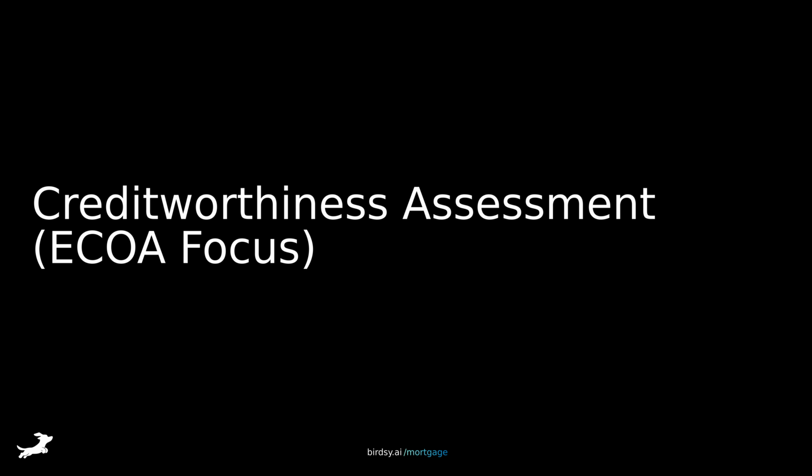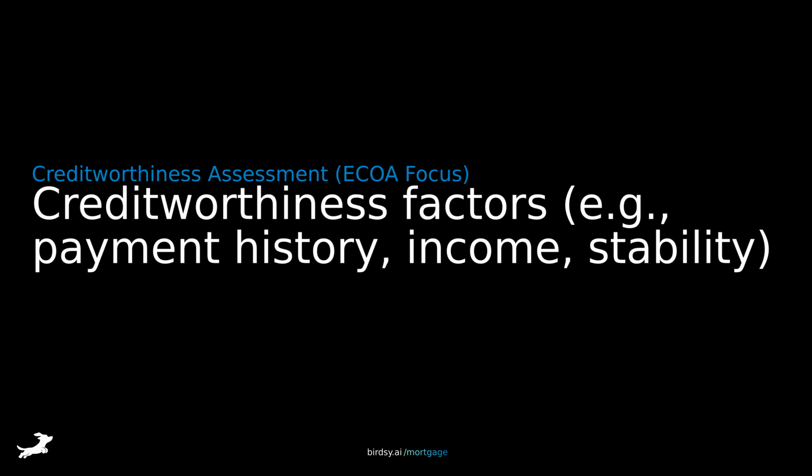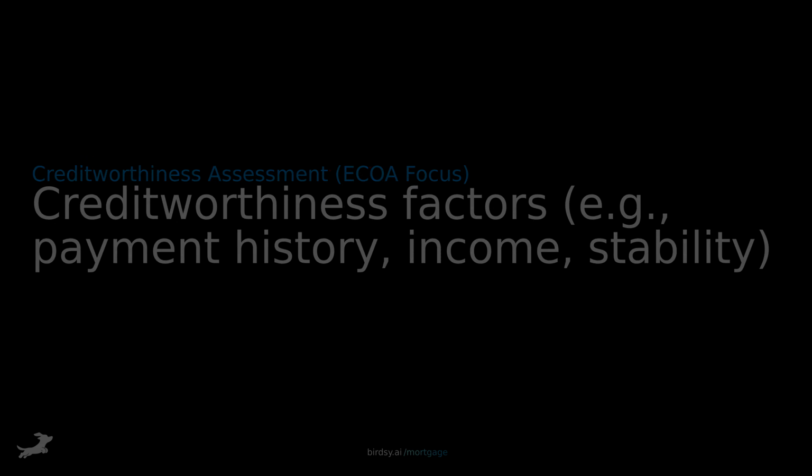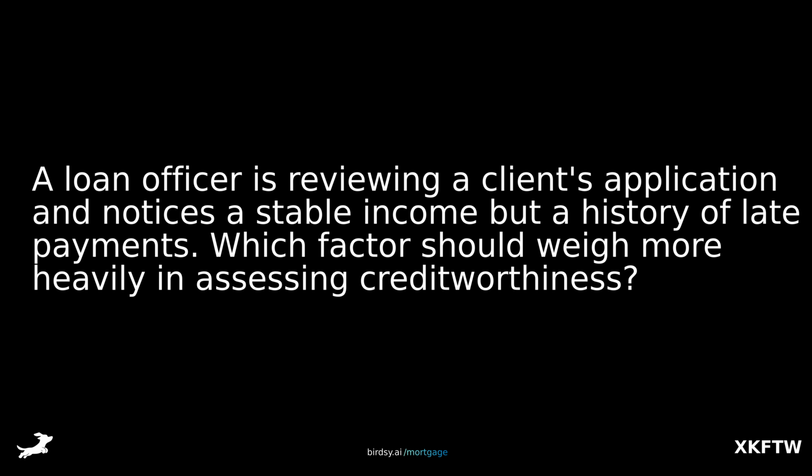Let's start with a review of creditworthiness assessment. Creditworthiness factors, for example, payment history, income, stability. A loan officer is reviewing a client's application and notices a stable income but a history of late payments. Which factors should weigh more heavily in assessing creditworthiness?